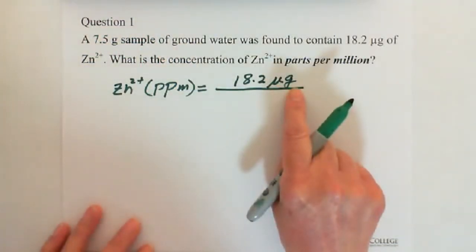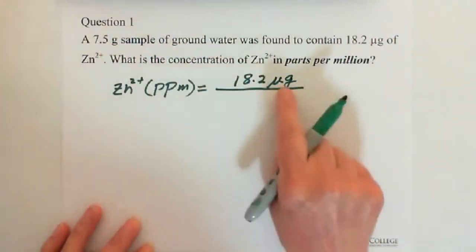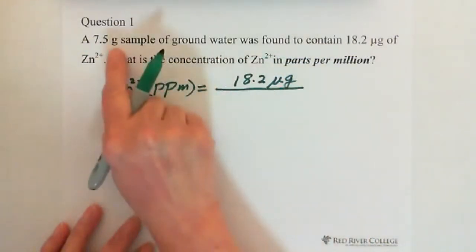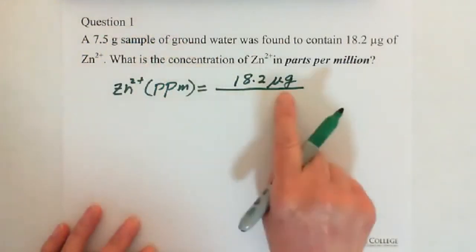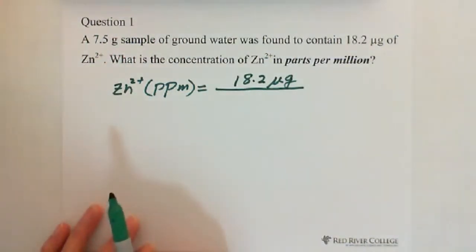So that's why we need to change 7.5 grams to micrograms. Also, you can convert micrograms to grams. But for convenience, I feel converting grams to micrograms is much easier, because 1 gram equals 1,000 milligrams, and 1 milligram equals 1,000 micrograms.